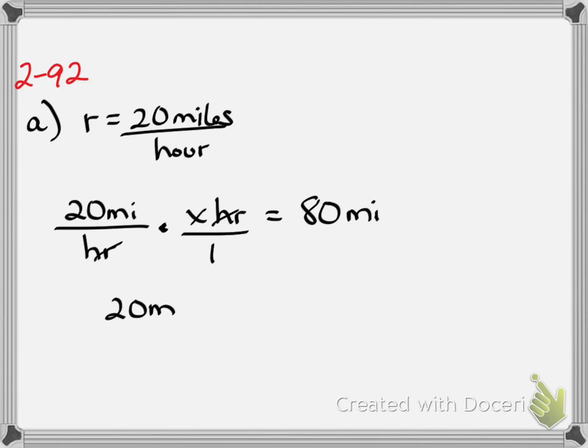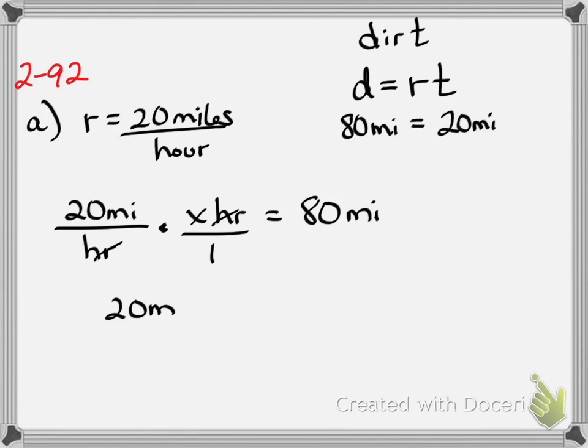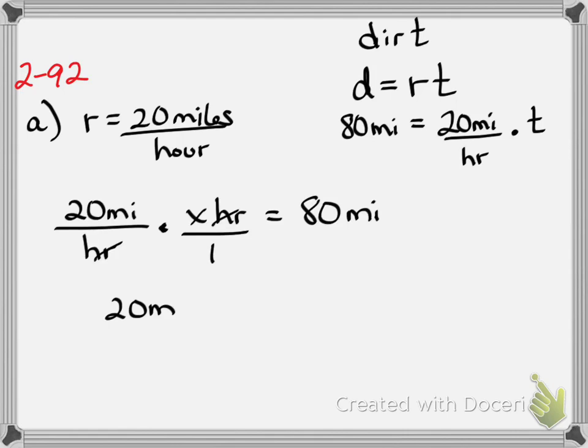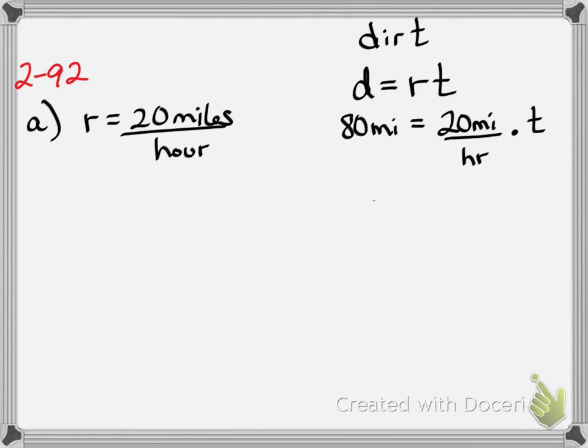Maybe we would just do distance equals rate times time. I think that's what they're trying to make us figure out. This is the DIRT equation. We're wanting to go 80 miles. We know our rate is 20 miles per hour, and we're trying to figure out our time. So we could divide both sides by 20 miles an hour.